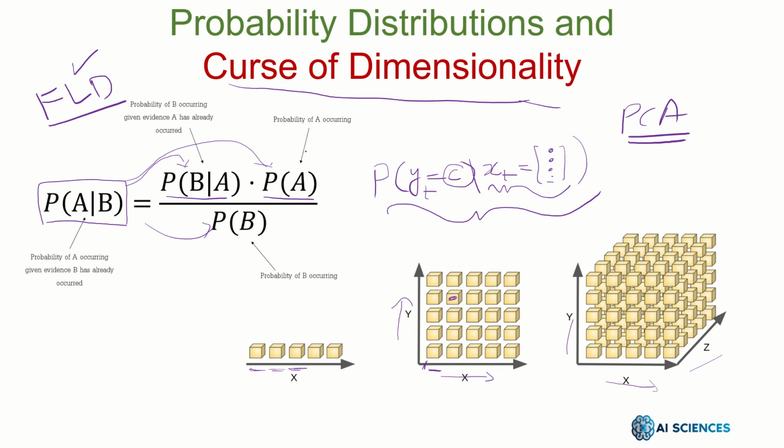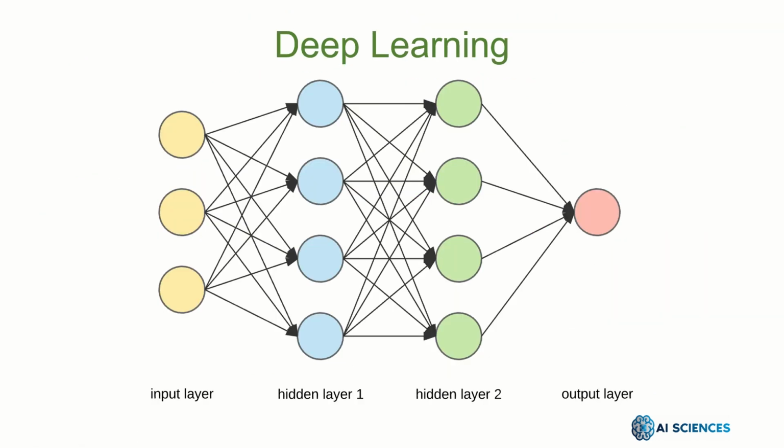So next, what we discuss is deep learning. Just an overview of deep learning. Although we have a separate course on deep learning, here I just want to explain the very basic concepts of deep learning.